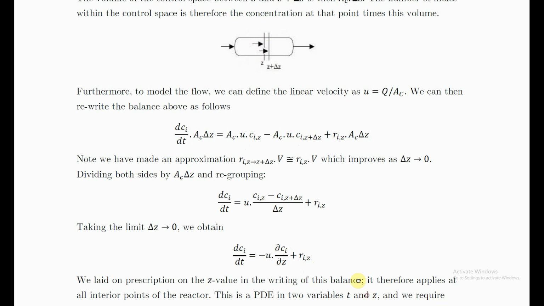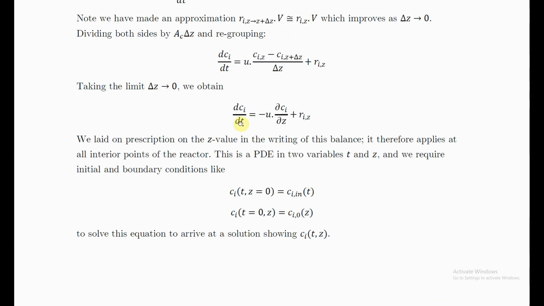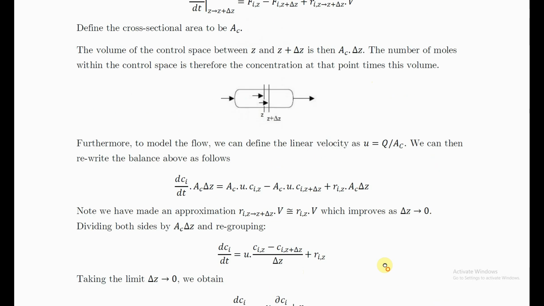Okay, now this balance we wrote at a specific Z position. And we didn't say anything about Z. We didn't say that this Z is only for 2 meters and you can't write this for 3 meters. So we laid no prescription or constraint on this value of Z. That means you can repeat this exercise for every Z position inside this reactor.